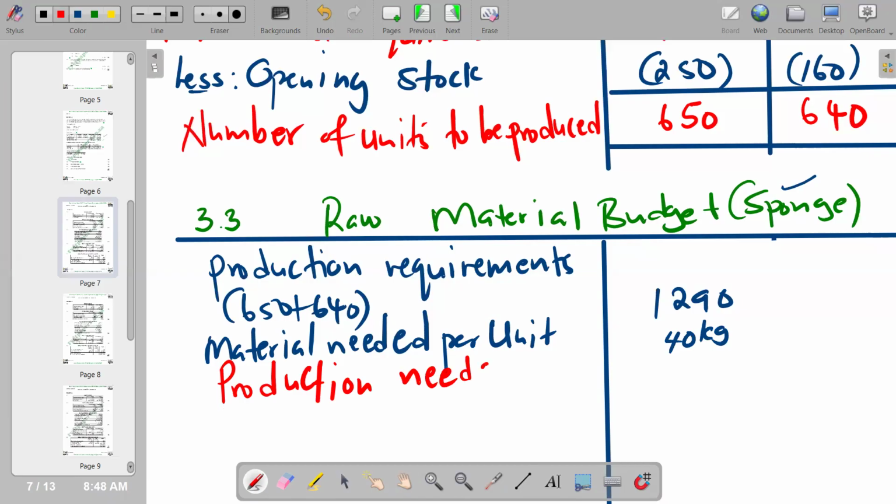So basically, we're saying 1,290 times 40 kg, then we get 51,600 kgs. After getting your production needs, you add the desired closing stock.